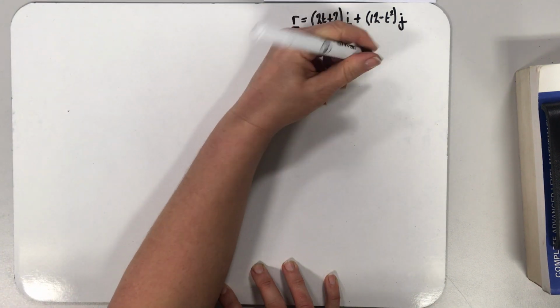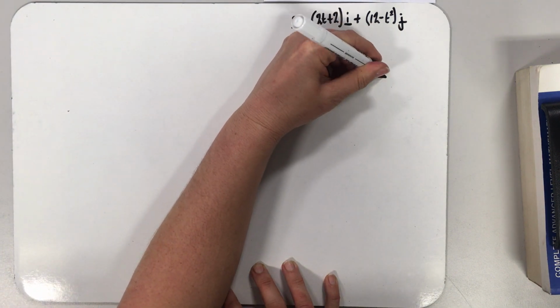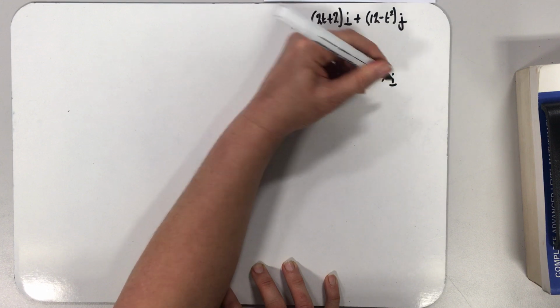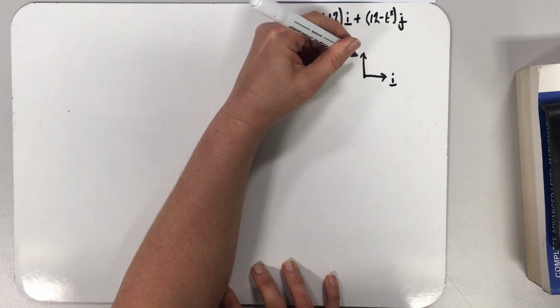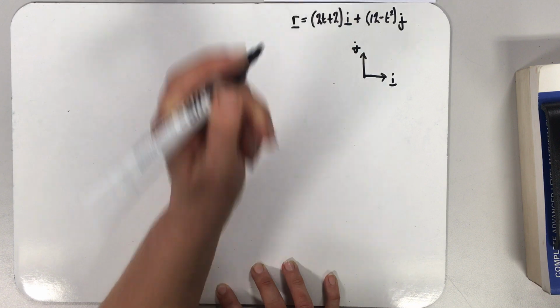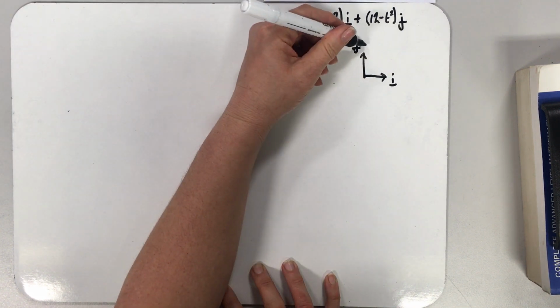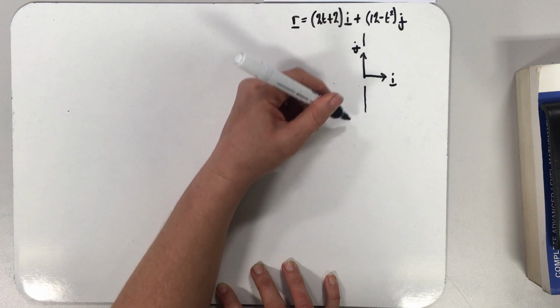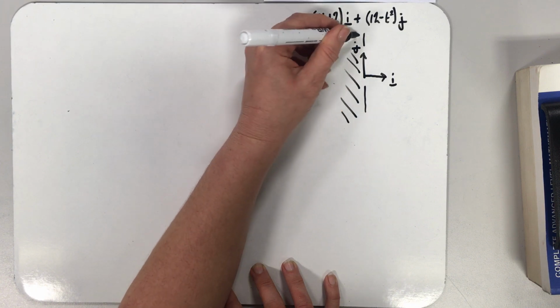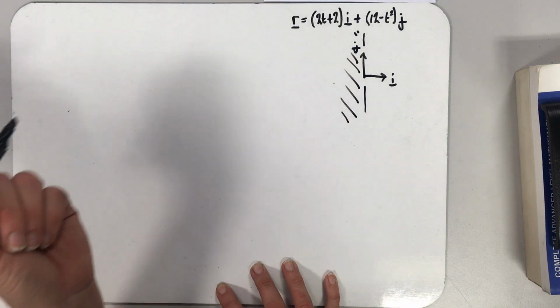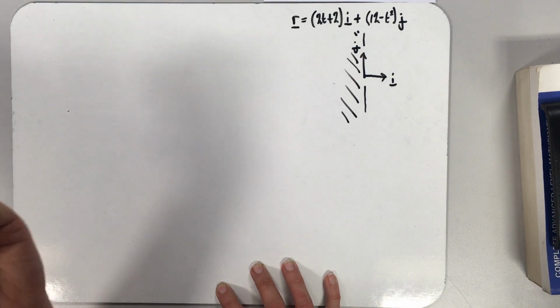So we'll keep i positive x as usual, j unit vector positive y. i is perpendicular to the beach, so that means the beach is running in this direction. Obviously it's a straight beach.